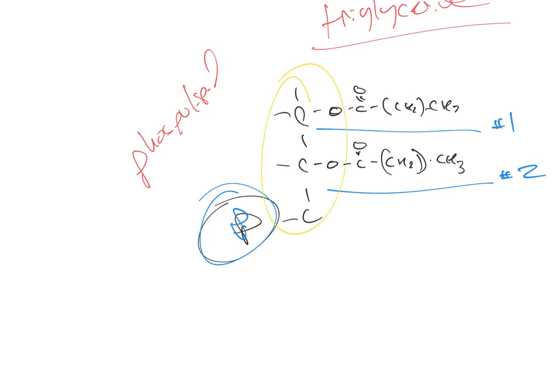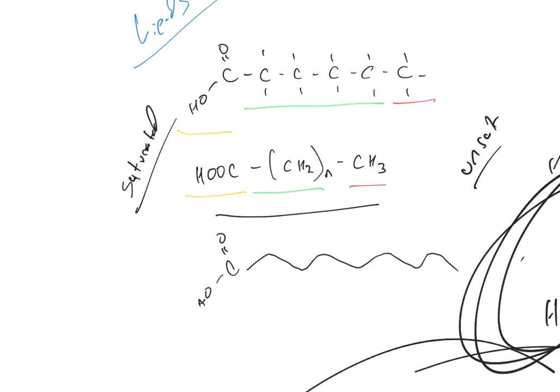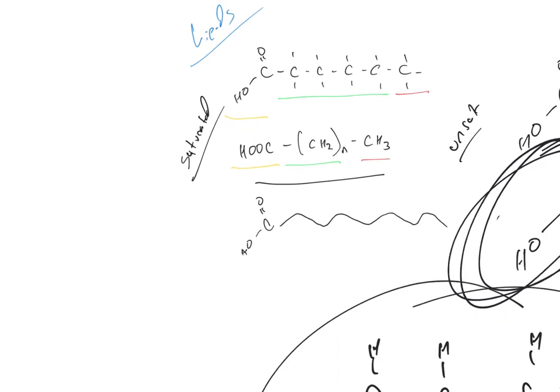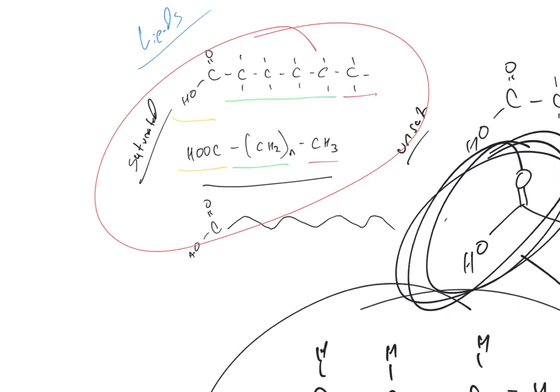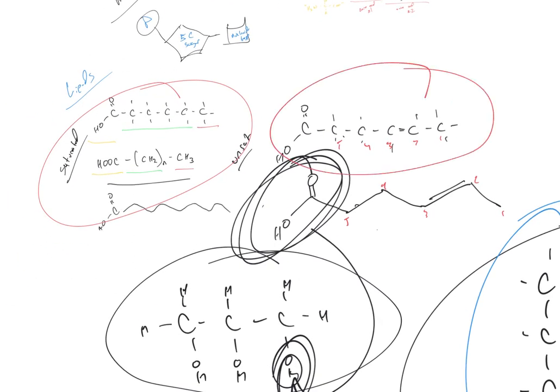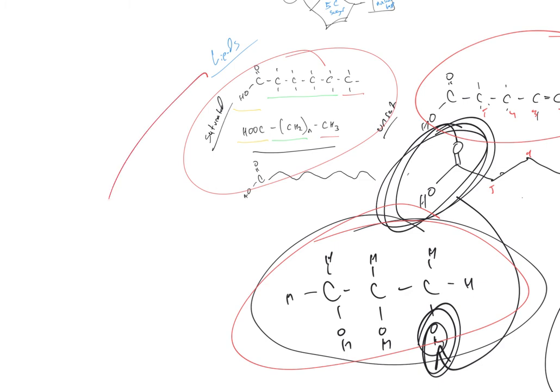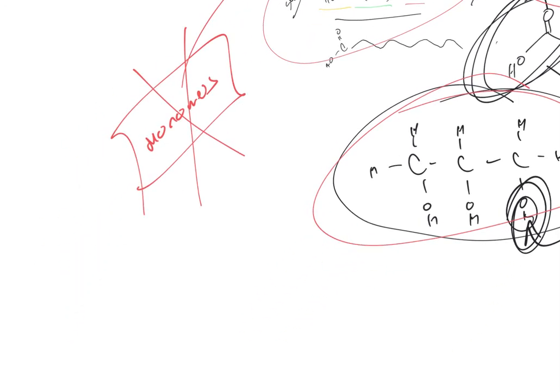My glycerol molecule. So if I'm looking at lipids, lipids are made of fatty acids. These are your fatty acids, and your double bonded one, and you have your glycerol molecule. So the monomer, there's no lipids. Lipids do not have monomers. Lipids are made of glycerol and fatty acids.